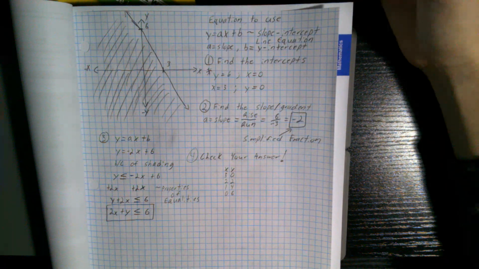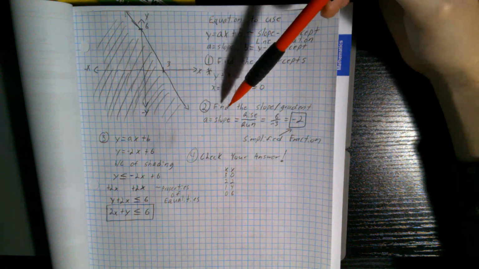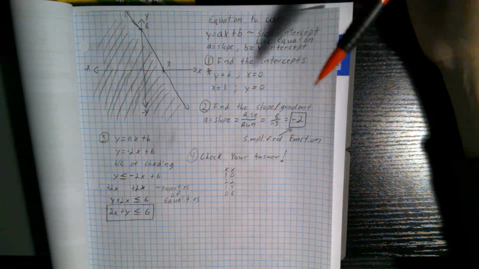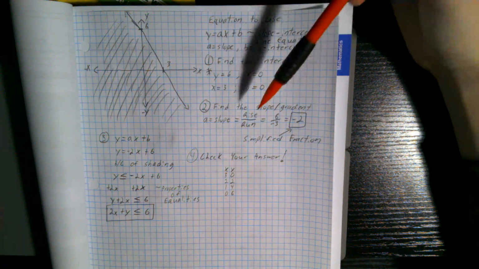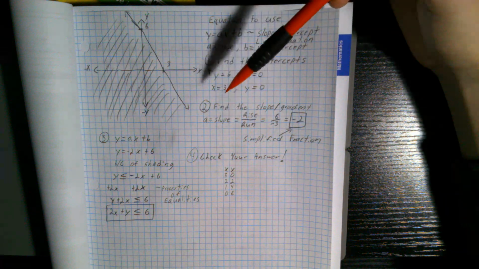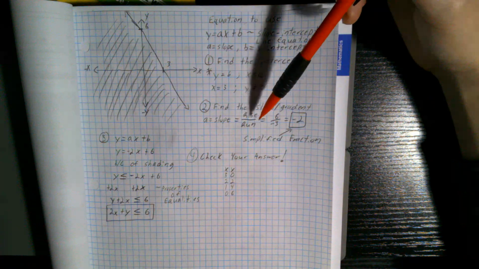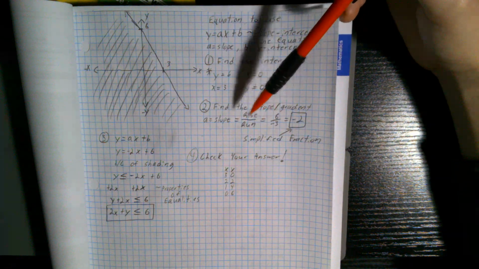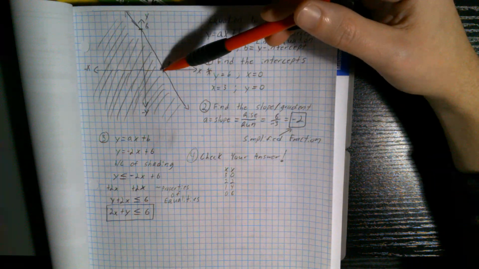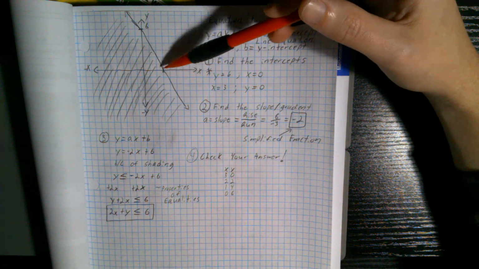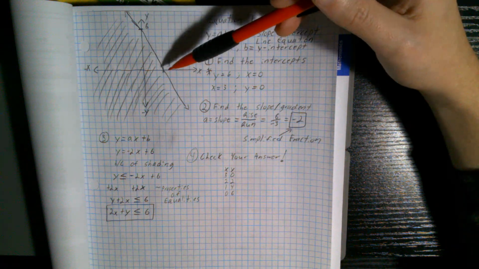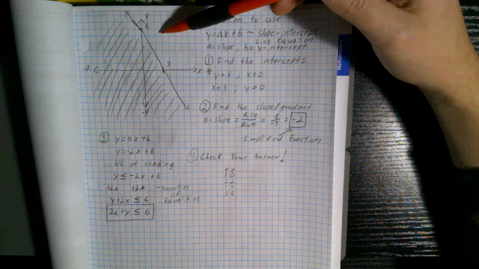The next thing you want to do is find the slope or the gradient of the line. In order to do this, you want to find your rise over run from one point to the next on the line. In this case, just doing it from the intercepts, you have a rise of 6 and a run of 3.